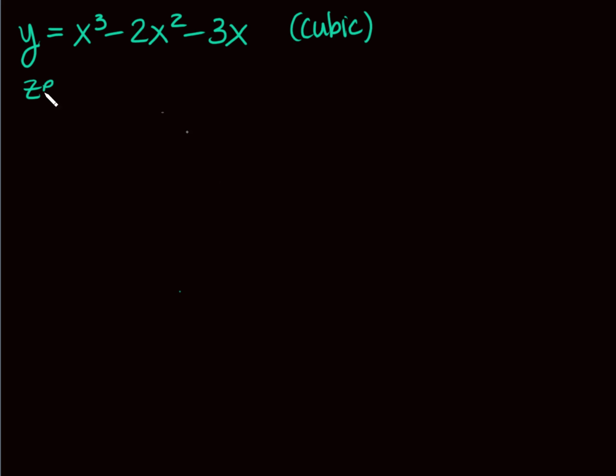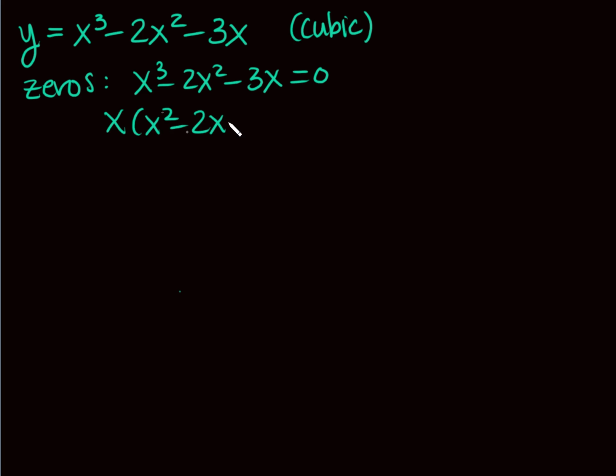If I wanted to find the zeros of this function, I'm going to take this polynomial and set it equal to 0, hence the name zeros. I'm going to take an x out, and I get x squared minus 2x minus 3 equals 0. Let's just keep factoring in here.